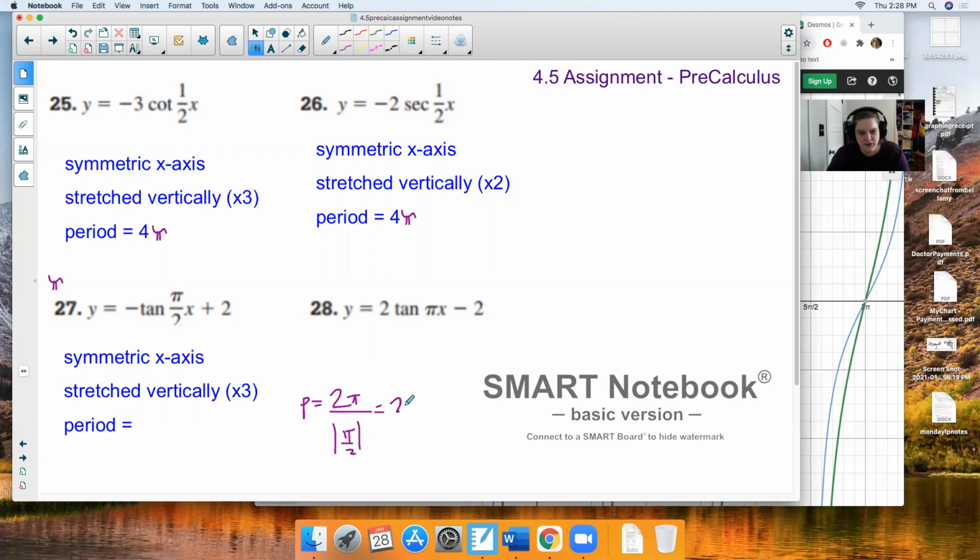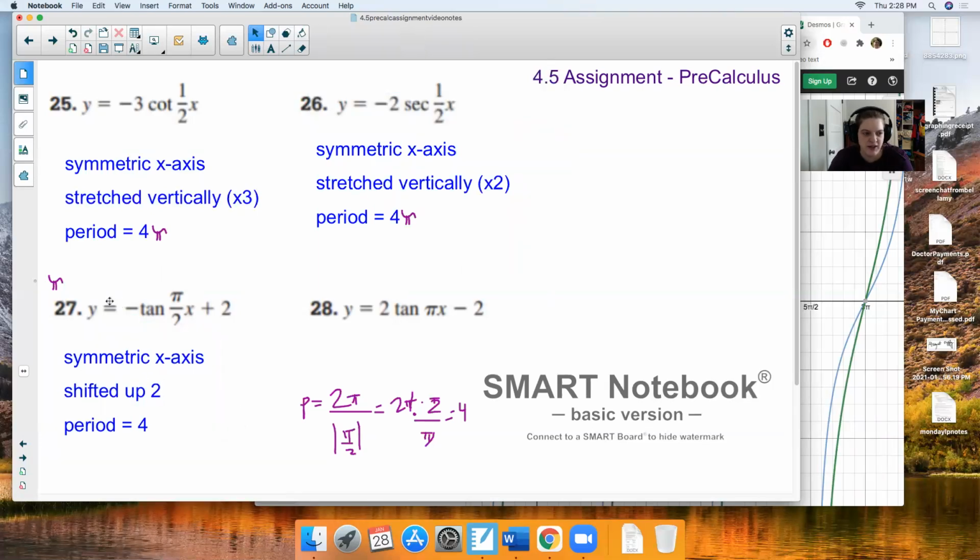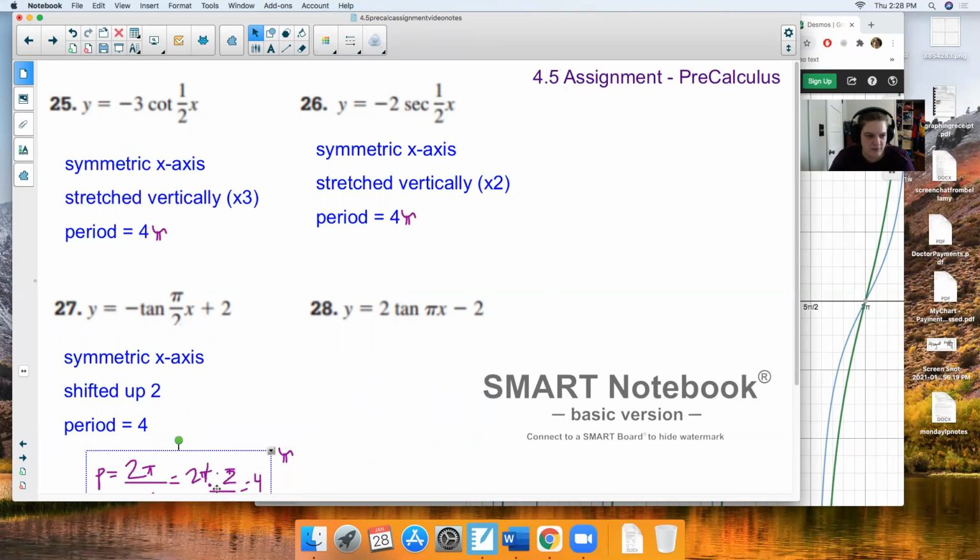So that means that we have 2 pi times 2 over pi. And so these pi's will cancel, and so we just have 4, actually. It's not vertically stretched, but it is shifted up 2 units. So now instead of having the x-axis be the place of reflection, it's now going to be up at 2.